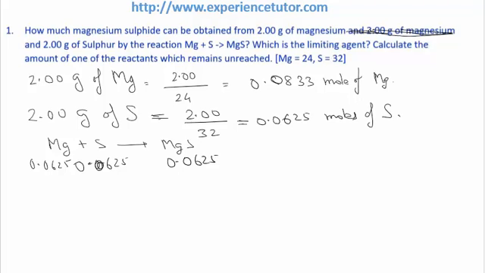Now molar mass of magnesium sulfide is 56 gram.